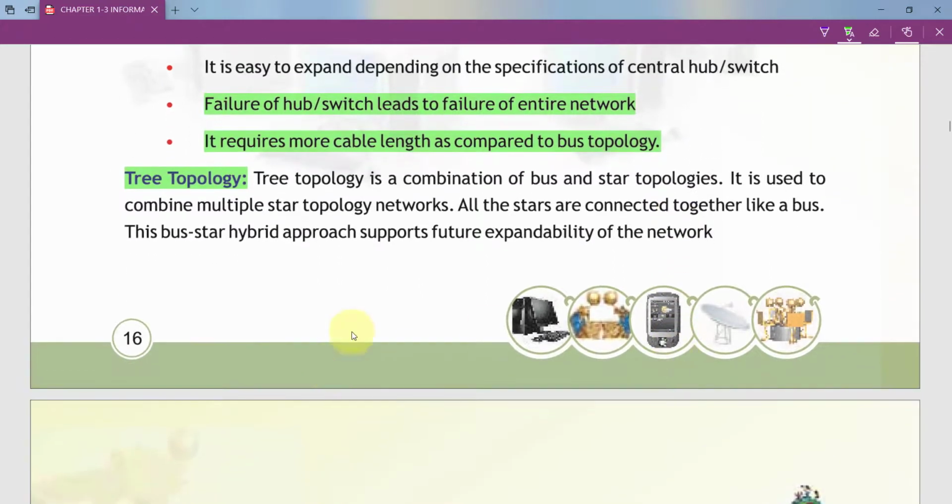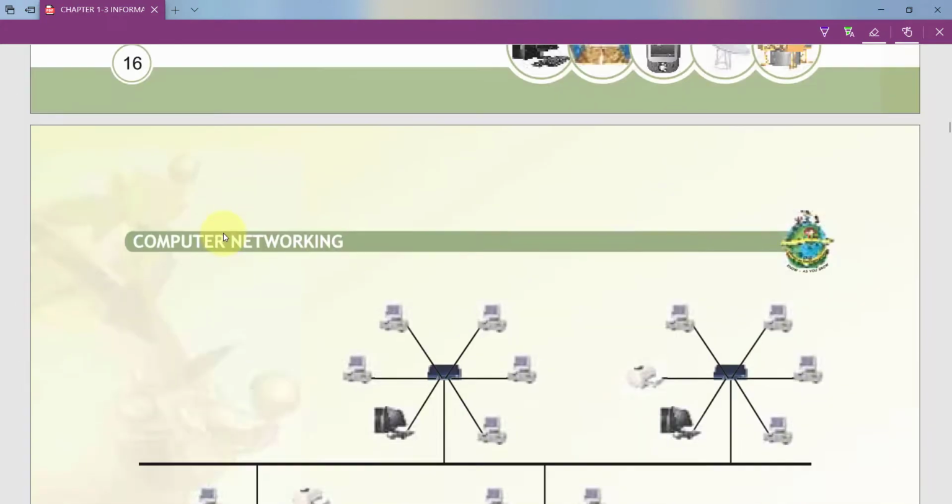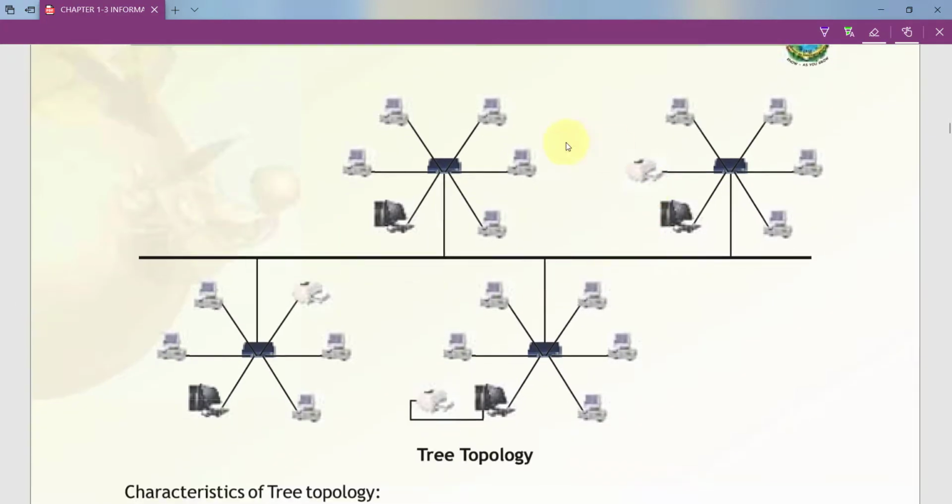Okay, now we come to the next topology, that is the tree. What is a tree? Its formation, its pattern looks like a tree. You can understand with this figure. So in a tree we have a root and the main branch. Clear?